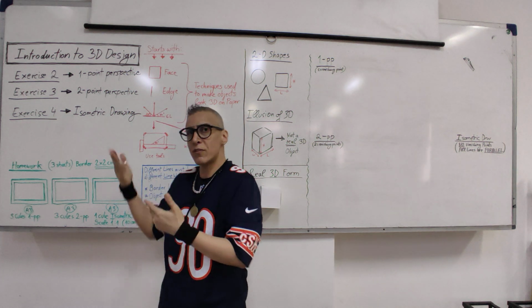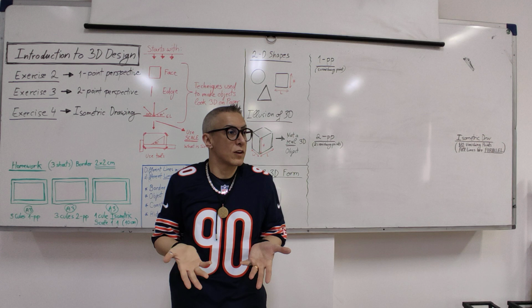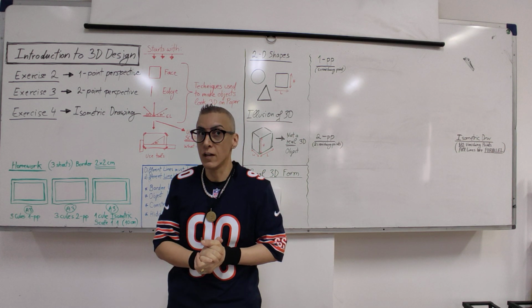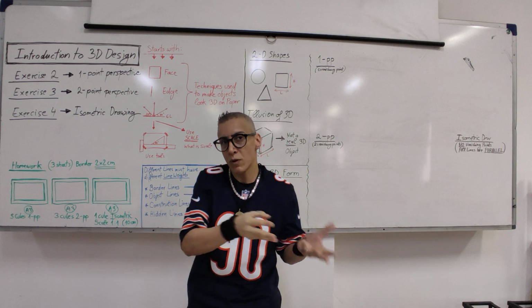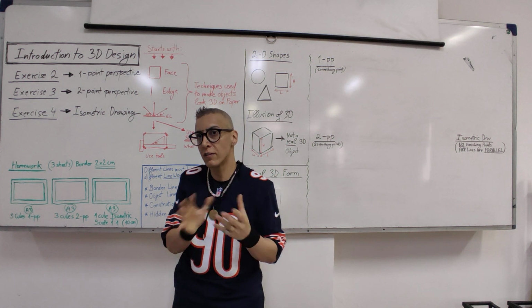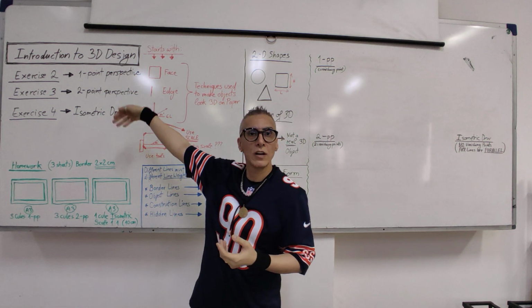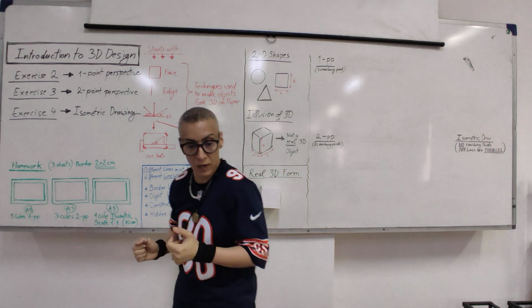Now, before we get into the details, our class is Introduction to 3D Drawing. So let us talk a little bit about the difference between 2D and 3D and understand really where we are, so that you can understand why we need to know about these methods or techniques, okay?